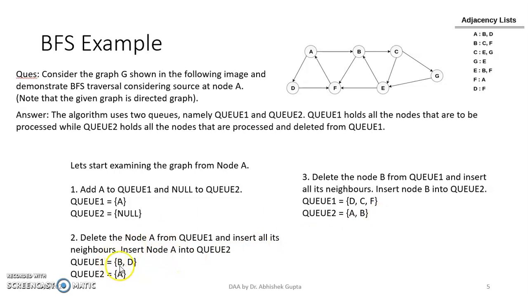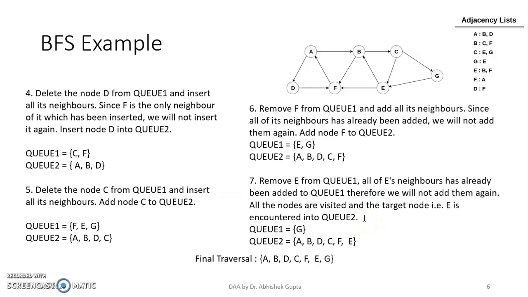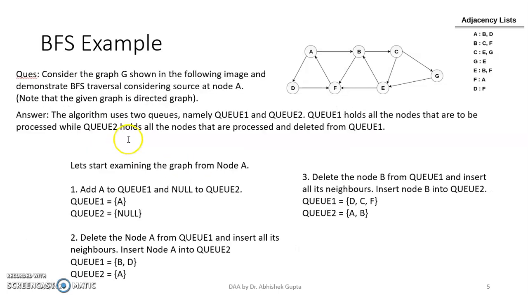Similarly, when we have processed B, then we have added C and F, right? So here also the order of C and F can be changed because both are at the same level and both are adjacent to B, right? So in the third step, we have processed item B and added it to queue Q2, right?